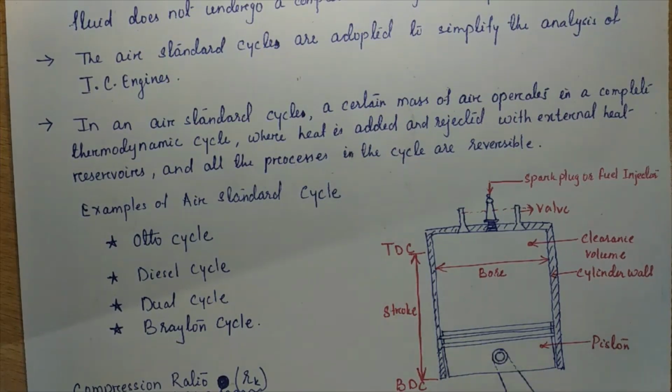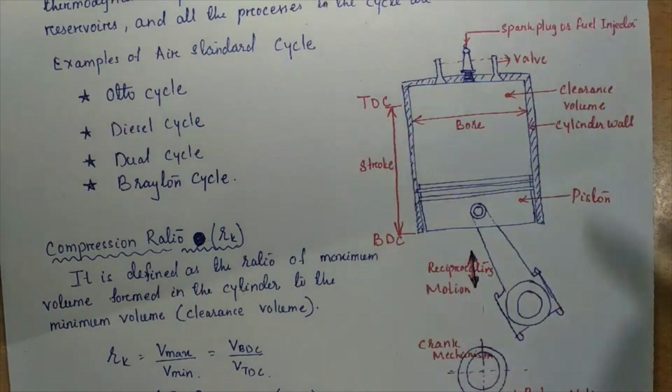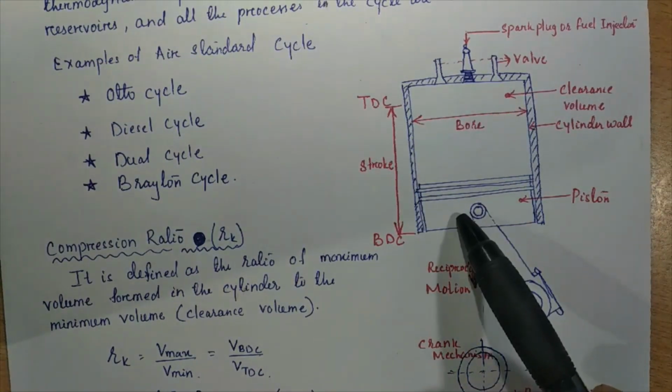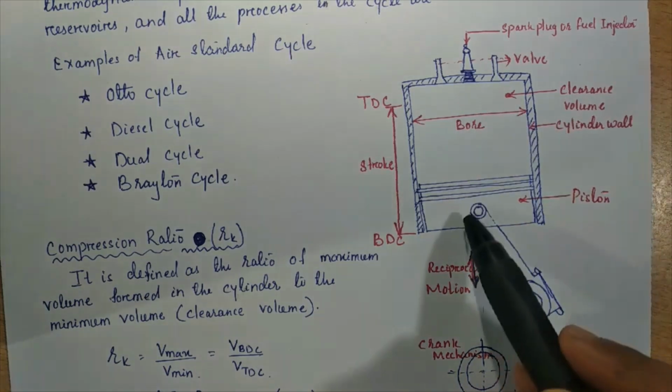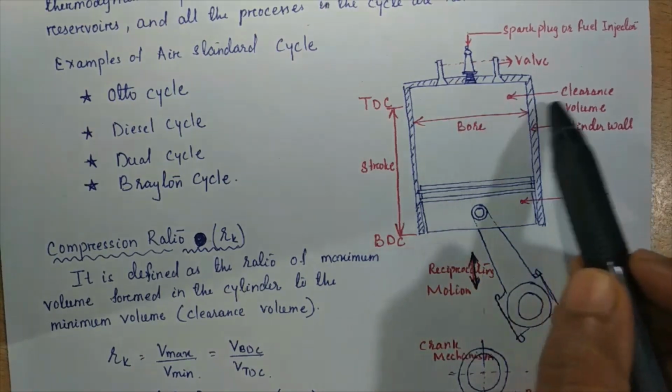So see, this is the schematic diagram of an IC engine. This is the cylinder, and this is the piston, which moves from TDC to BDC during the suction, compression, power and exhaust strokes. When the piston lies here, some volume is left, and that is the clearance volume.